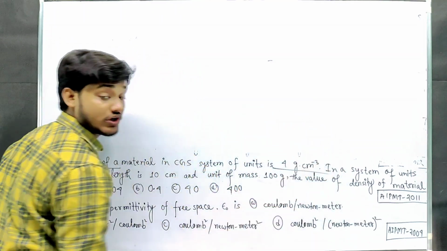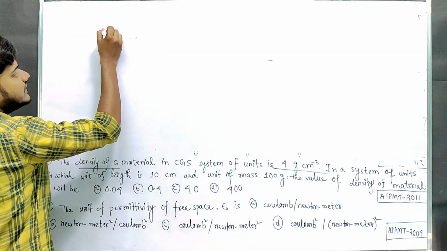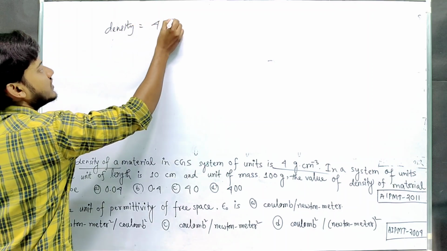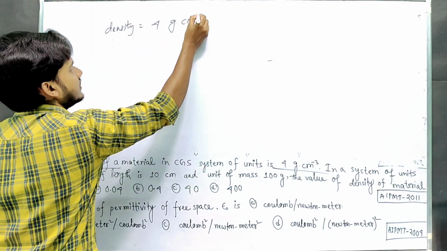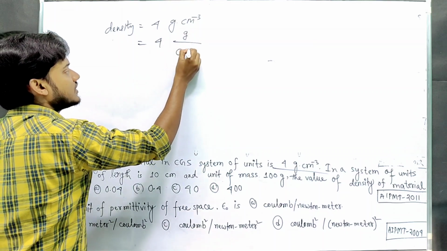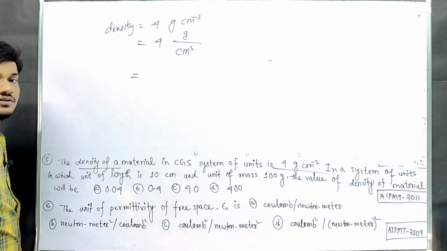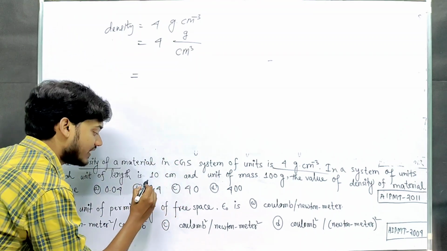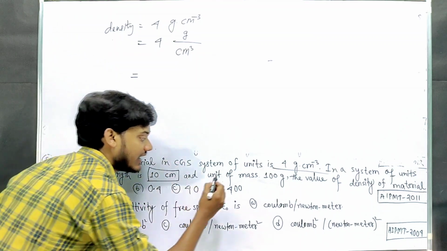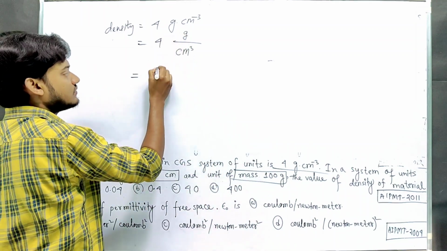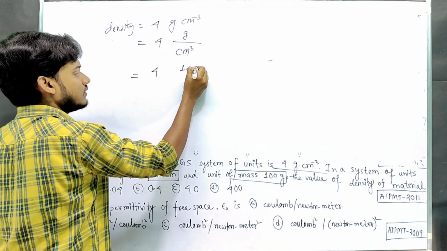Density is 4 gram cm inverse 3, so we can write it 4 gram per cm cube. But we have to find the value in terms of length 10 cm and mass 100 gram. So let's write gram equals 100 gram.